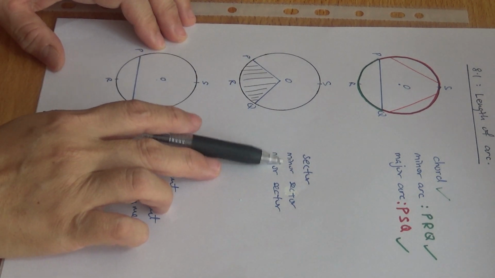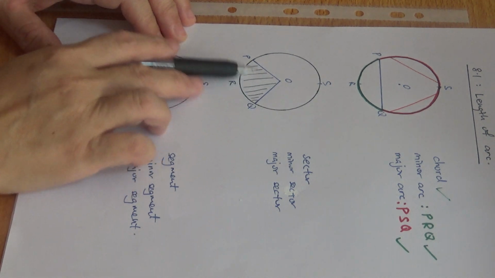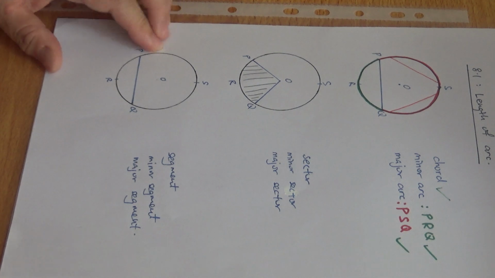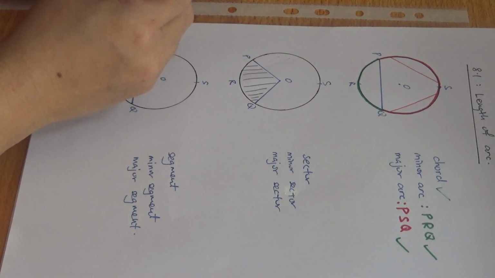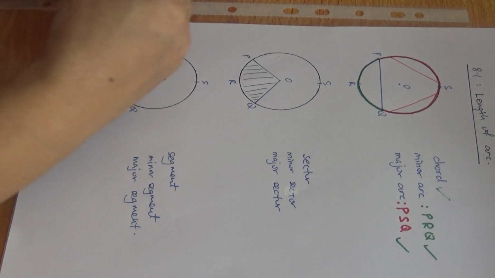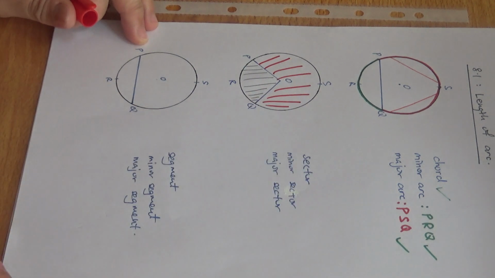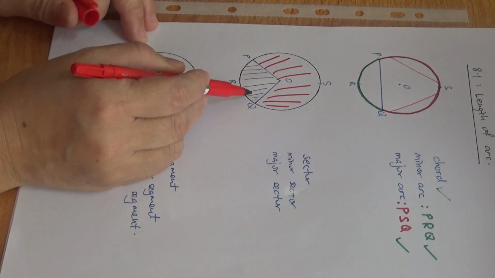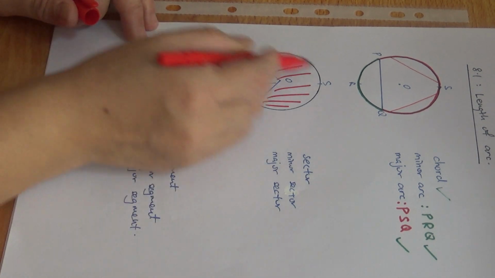What do you mean by a minor sector? A minor sector will be less than half the circle, and the major sector will be this one, whereby it is more than half the circle. So a sector is part of the circle, a minor one is less than half, a major one is more than half.